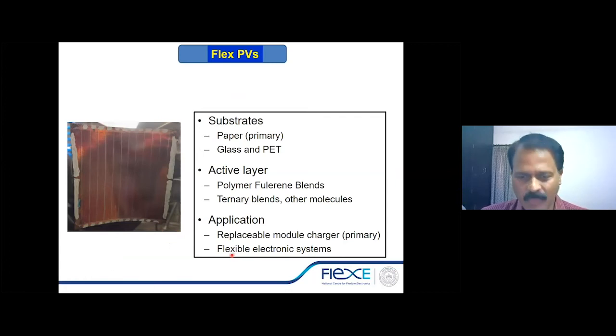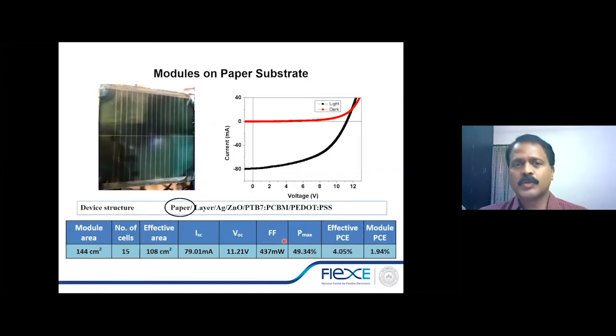This can be used in flexible electronic systems, or can be utilized as a replacement module charger. So these are some of the results of these modules on paper substrate. I'll not go into all these details, but what I can say is that the levels shown here are very promising.